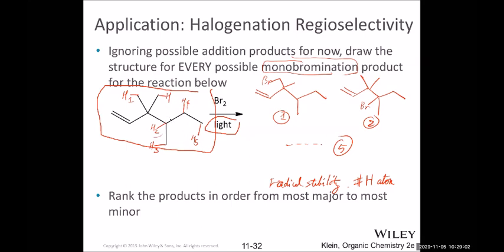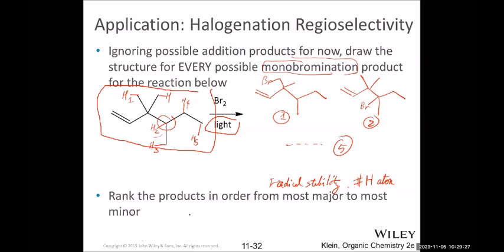And obviously, this is a tertiary. This will be the most stable. So product number 2, which is a tertiary carbon radical, should give you the most product because it is more stable. And therefore, because of the Hammond postulate, more stable means lower activation energy.